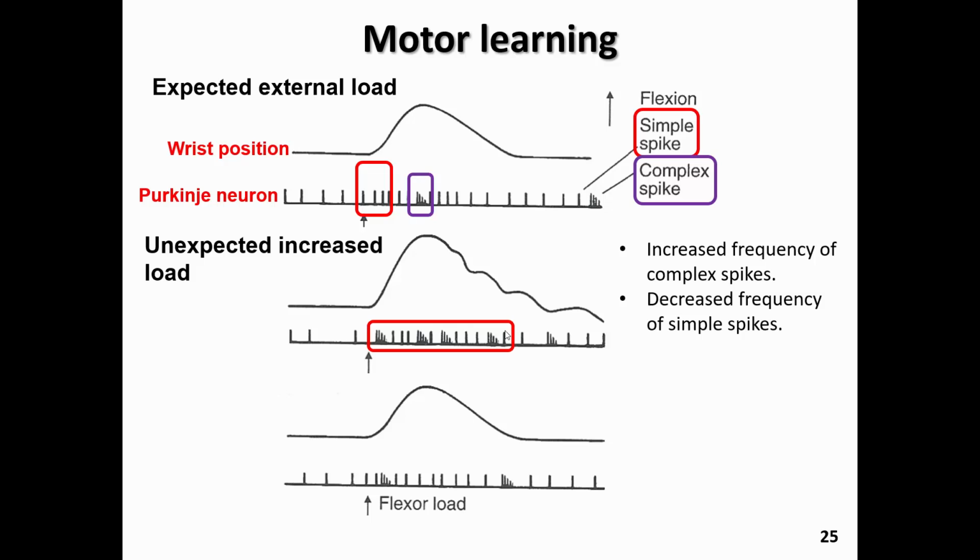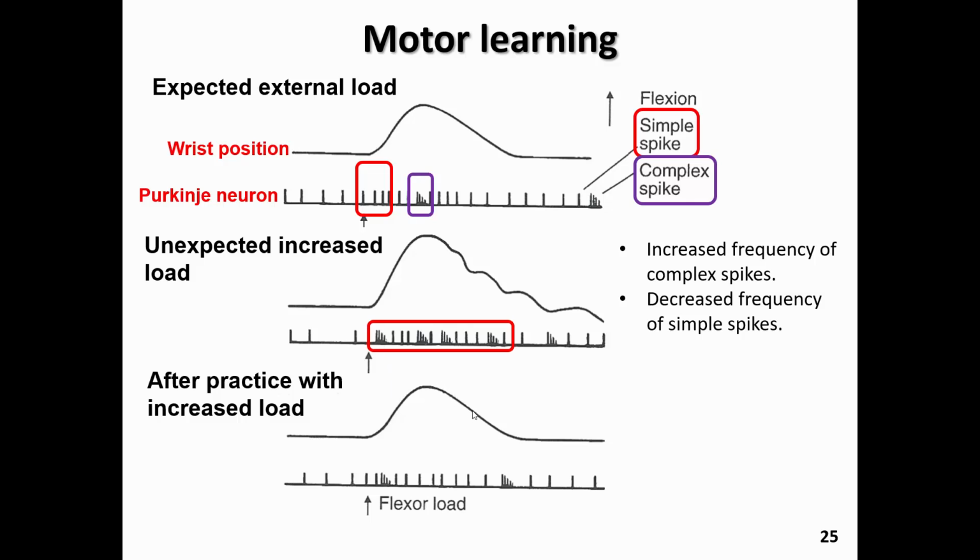climbing fiber involvement here. Now, as the person allows a period of time to practice with that increased load, the first item that we see here, let me just take that off the screen for a moment, is that the wrist pattern, the actual movement, resembles the very first pattern, the very first task with an expected external load.